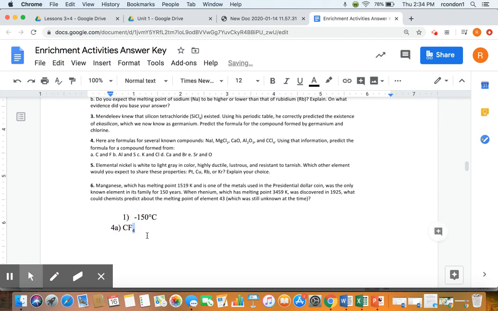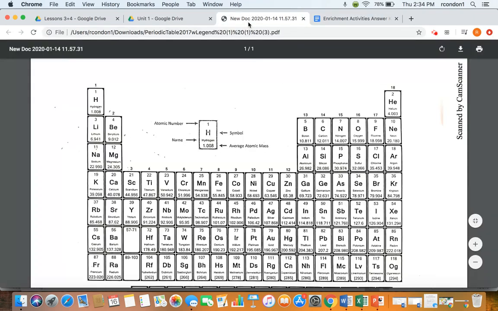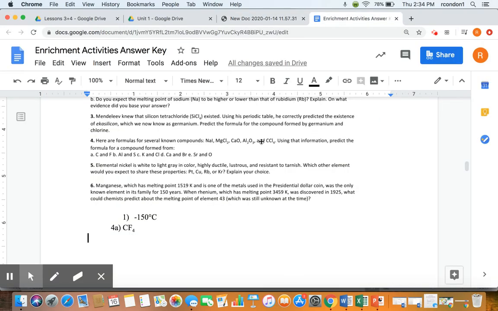There we go. So it's CF, subscript 4. And we're modeling after this example we were given because fluorine and chlorine on the periodic table are in the same family, so that makes the subscripts the same. We're going to keep learning about why this is soon, but for now, just use what you're given and try to model why that is. Okay?